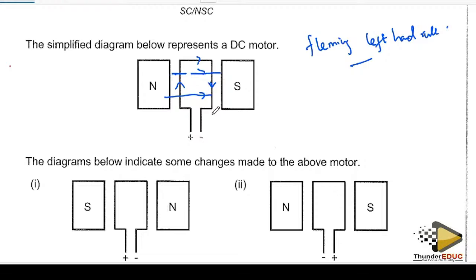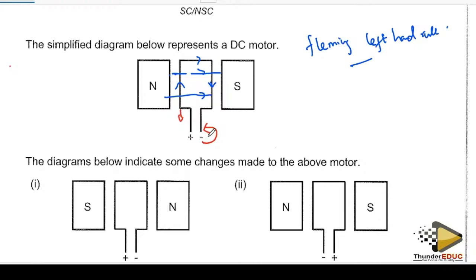What is happening? All I can see is that this structure of ours, or this coil, is going to rotate in which direction? This is going to be downwards, which means it's rotating in the anti-clockwise direction.